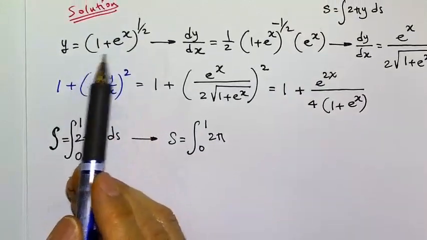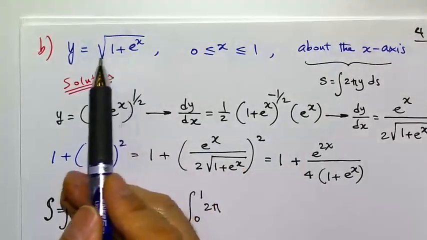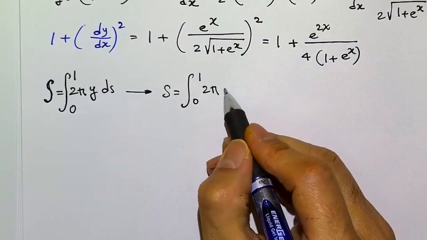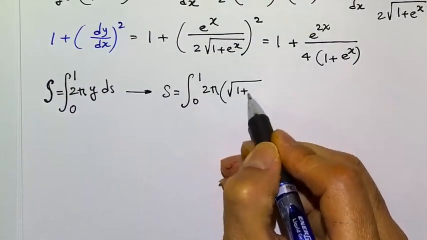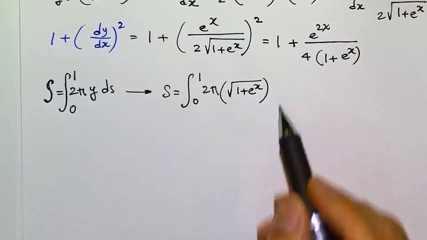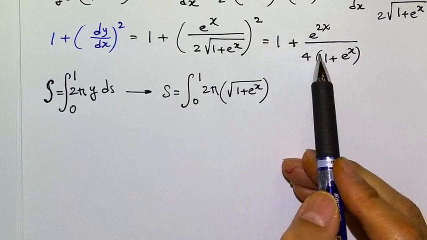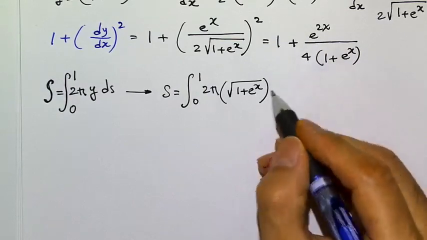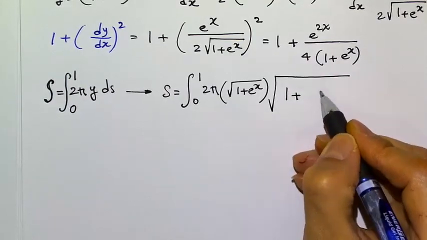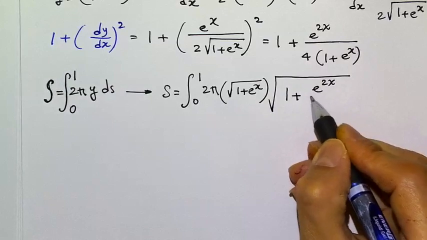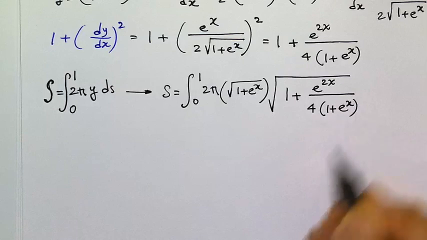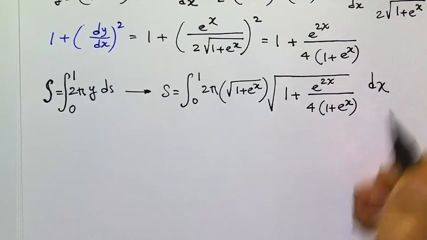We already have it here, using the radical form. So let's plug that in. We have the square root of 1 plus e to the x times the square root of all of this, so times the square root of 1 plus e to the 2x divided by 4 times 1 plus e to the x, and of course dx here.